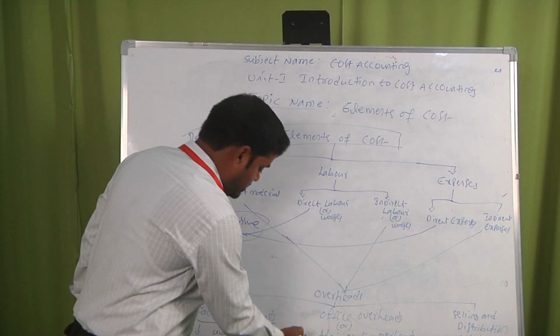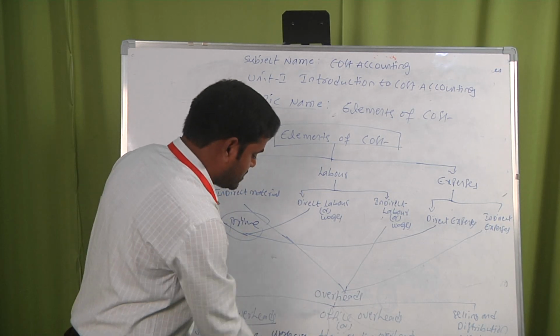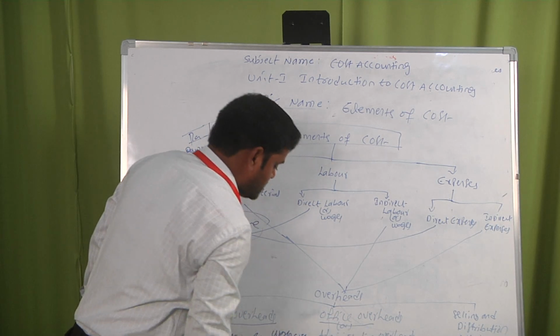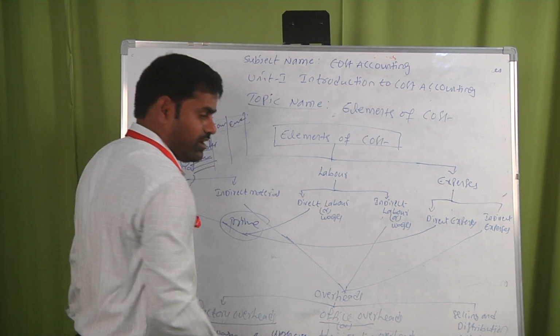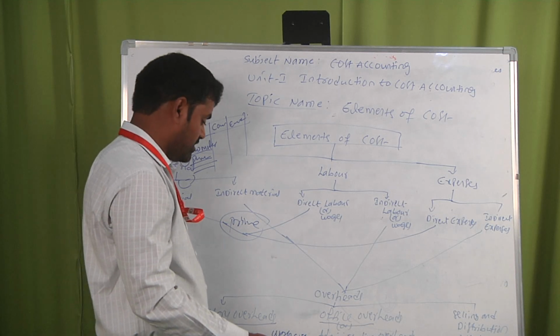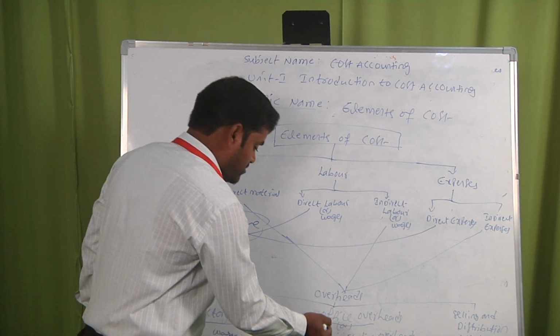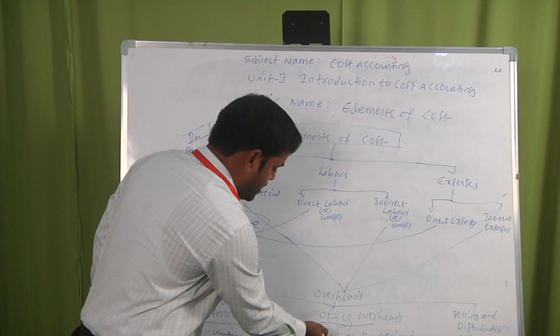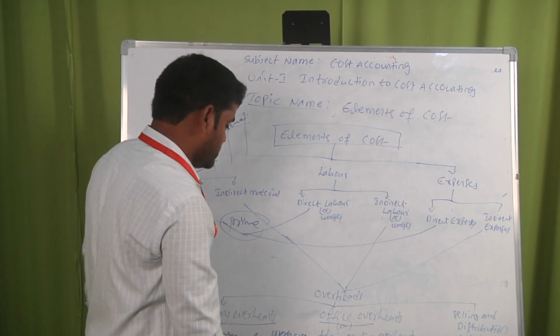Then after that we add the office overheads: office rent, office lighting, depreciation of machinery, whatever we have taken as administration overheads.